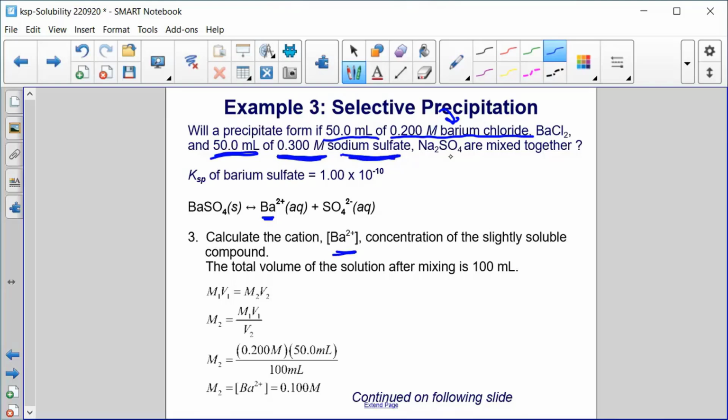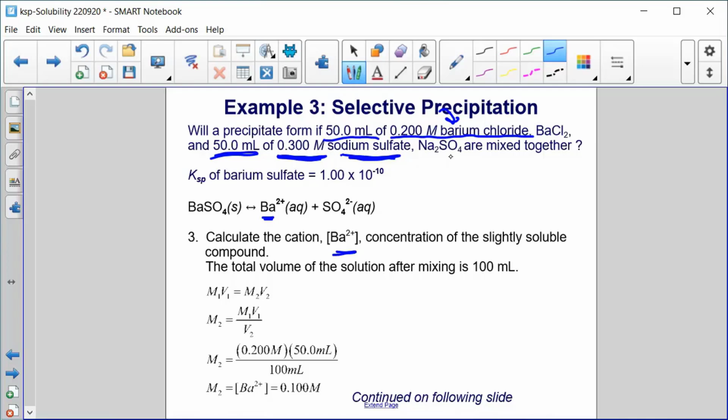So we are combining two solutions together. So we have an initial volume, 50 milliliters of 0.2 molar barium, but then we have the barium in 100 milliliters. So we need to find the concentration of the barium after the solutions are mixed together.